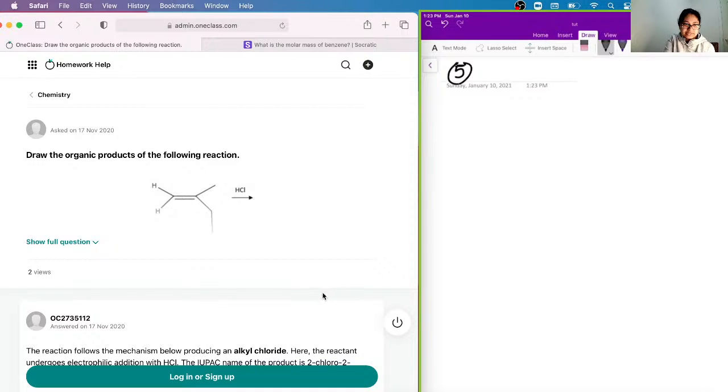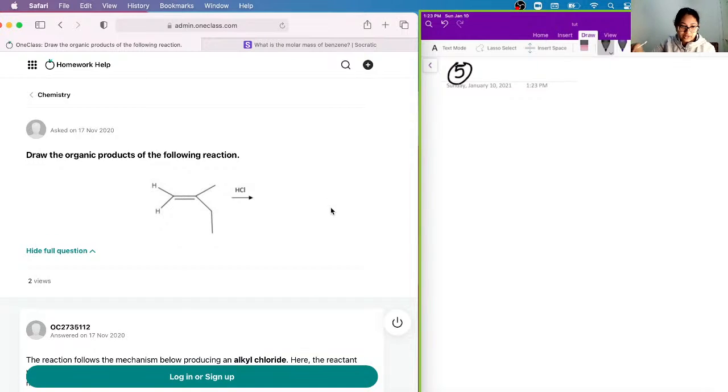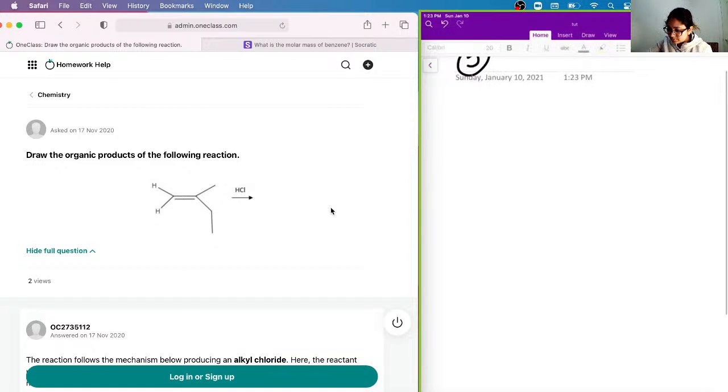So our next question says, draw the organic products of the following reaction. The reaction follows a mechanism below producing an alkyl chloride. So we know that our acid in this case is HCl. Let me draw out this compound.